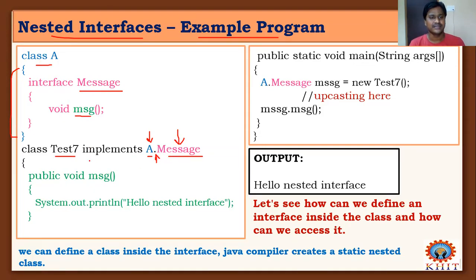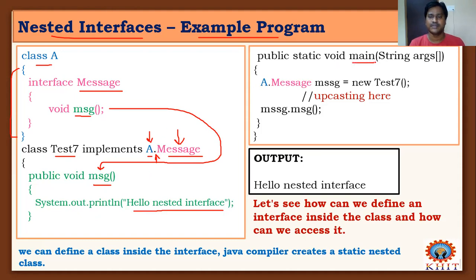This class implements this interface, so this method should be implemented on its own in this class code. So this method msg is implemented in this Test7 class and it's simply displaying hello nested interface.